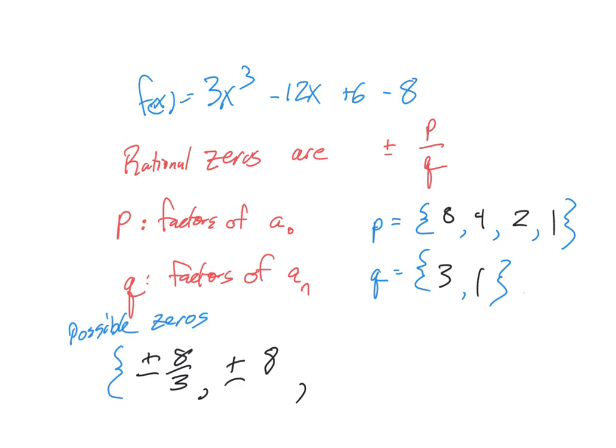Again, I'm taking p over q. And it's plus or minus, which means it could be positive 8 or negative 8, positive 8/3 or negative 8/3. And then just keep on going down: plus or minus 4/3, plus or minus 4, plus or minus 2/3, plus or minus 2, plus or minus 1/3, and I ran out of room, plus or minus 1.